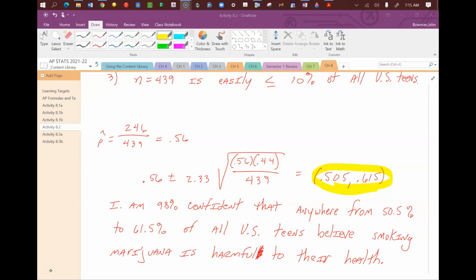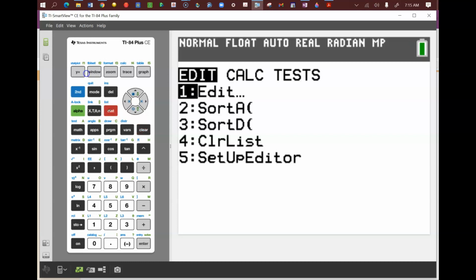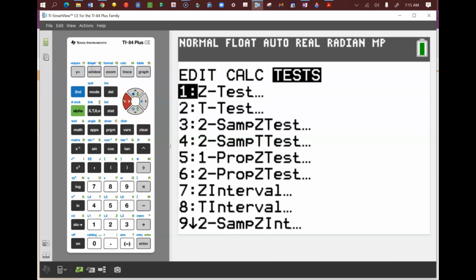All right, so here we go with the calculator. So the first thing you need to do is take a look at your number of successes, in this case 246, our sample size, and our level of confidence. When we go to the home screen of the calculator, hit the Stat button, go over to Tests, and there are a whole bunch of tests. And I know we haven't called these tests, we call them confidence intervals, but on the calculator, they consider them the same thing. So we are looking for something to construct a confidence interval.